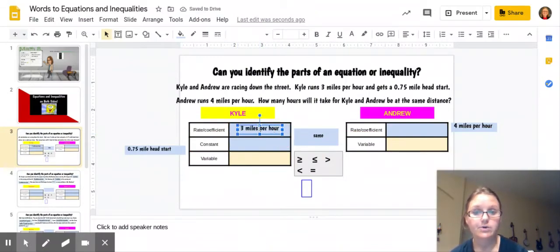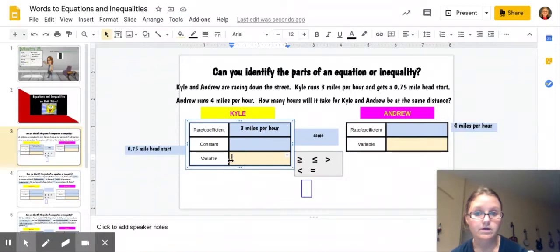Okay, so in this case, we know the miles, but we don't know the hours. So for the variable, what we don't know is the hours. In that yellow box, let's type hours there. The constant could be the starting point, could be a fee, something that only happens one time.